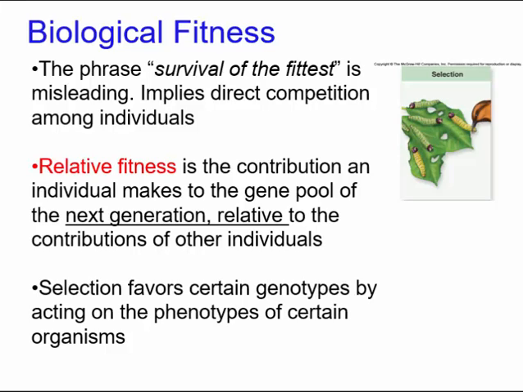So if one individual has 30 offspring and another individual has 2, the individual that has 30 has had a greater impact on that next generation. Now, why might an individual have 30 offspring versus 2? That might be because they have certain traits that allow more opportunities for mating, or they just live longer so they can reproduce more, and so on.